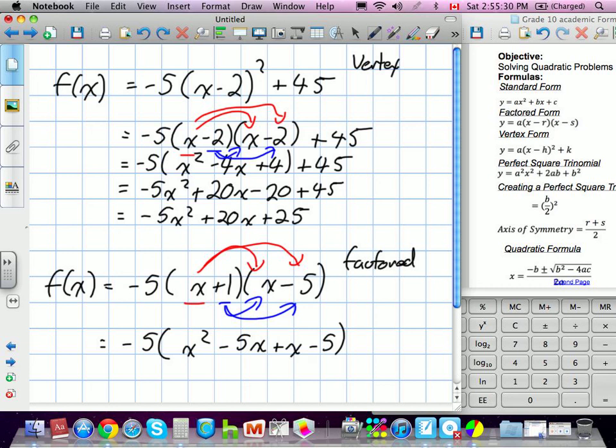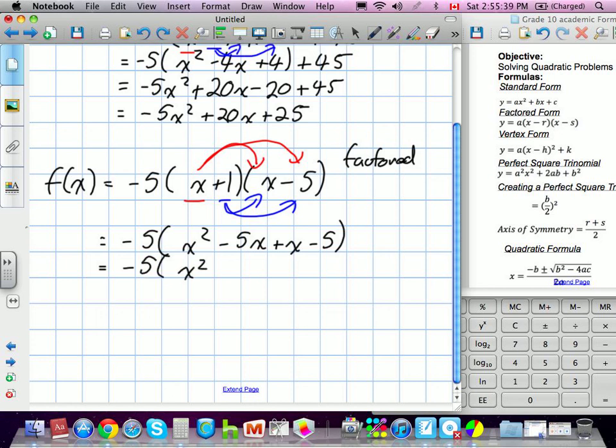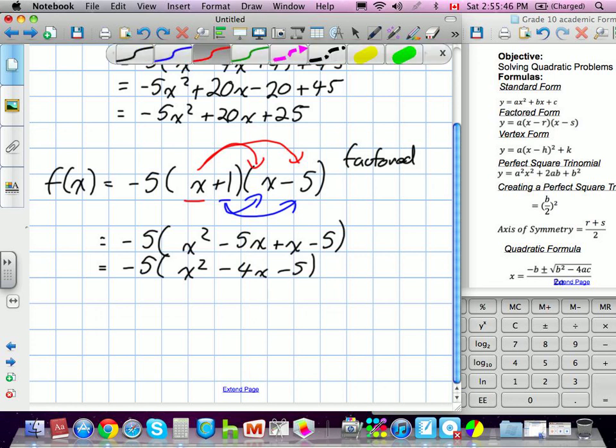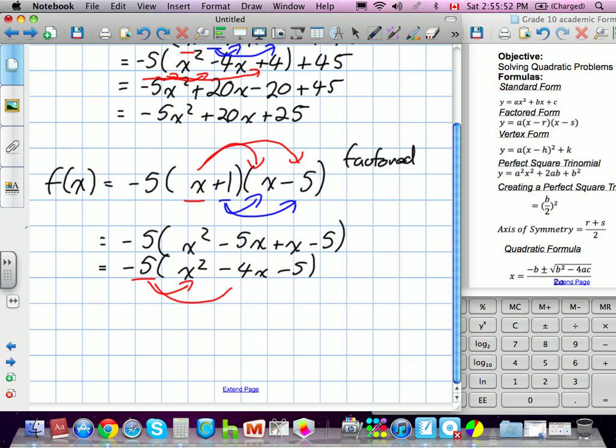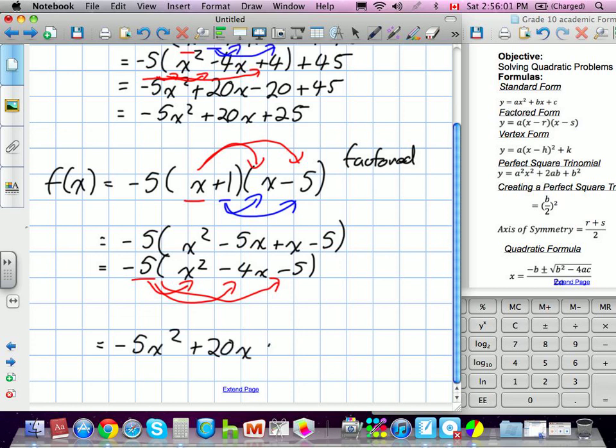So now that I've done that, I collect those like terms inside. I get x squared minus 4x minus 5. And when I distribute the 5, which is the same thing I had done before up here, where I did the 5 times all 3 of those, I'm doing 5 times all 3 of these numbers, I'm distributing the 5. We get negative 5x squared plus 20x plus 25.